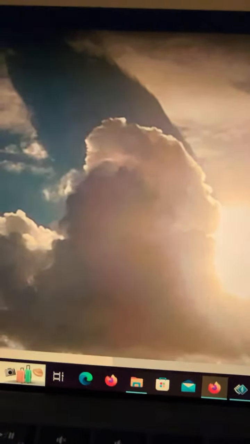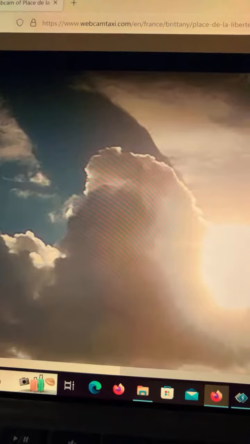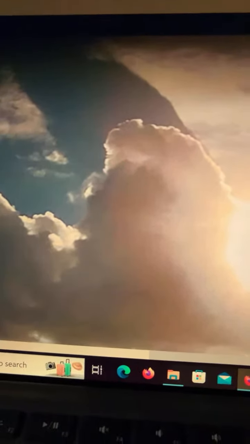Zooming itself out. No, see that this is truly not normal. Because there's something in the sky. Something's in the sky.